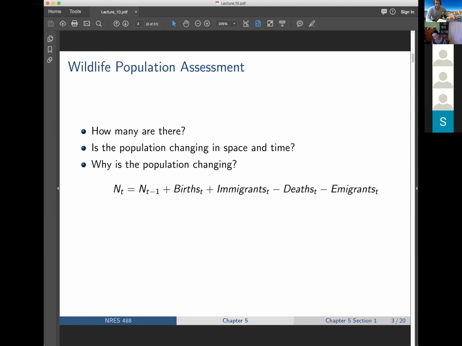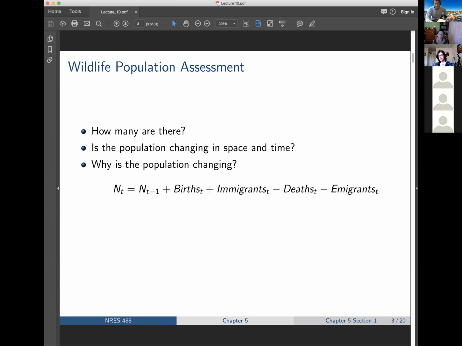So here are some initial questions that we might ask when we're thinking about population assessment. First, how many are there? What is that N? Next, what are the dynamics of that population? So how is the population changing from year to year and from location to location? And although this is a simple question, this is a huge area of wildlife science.